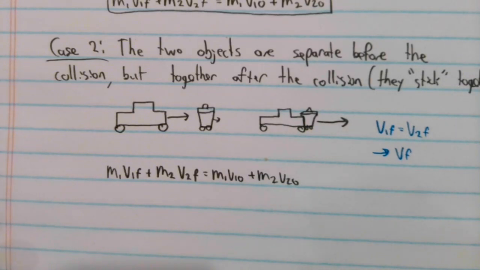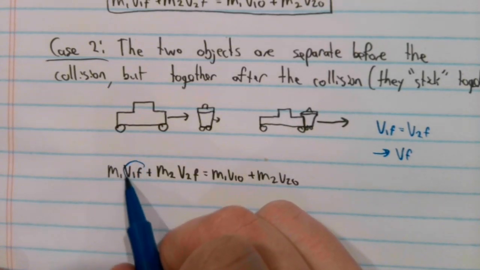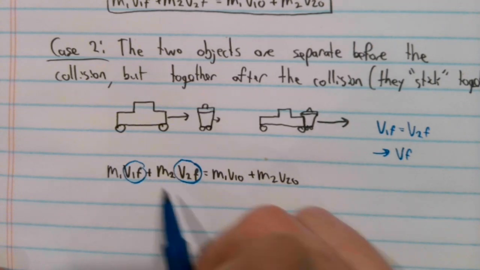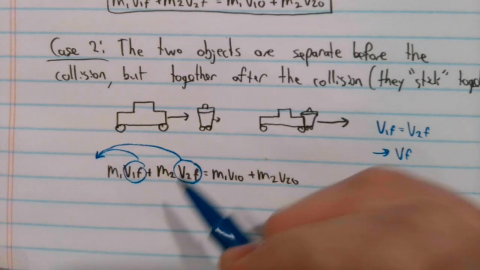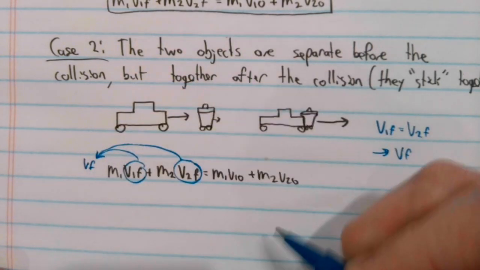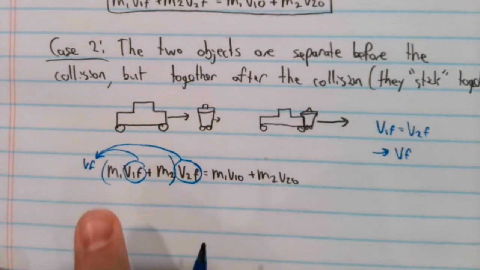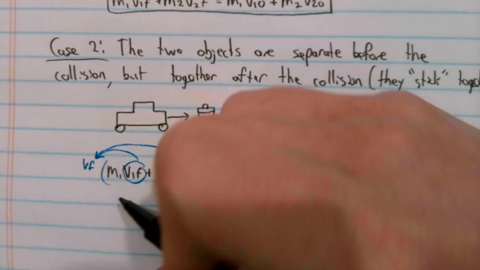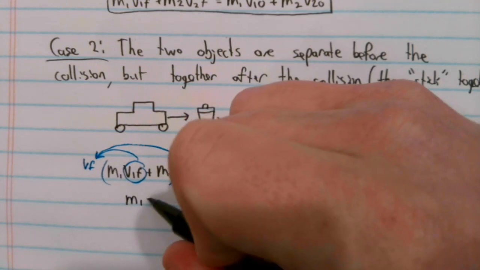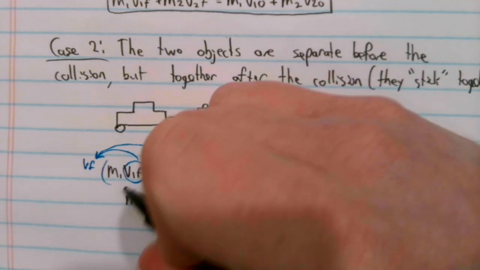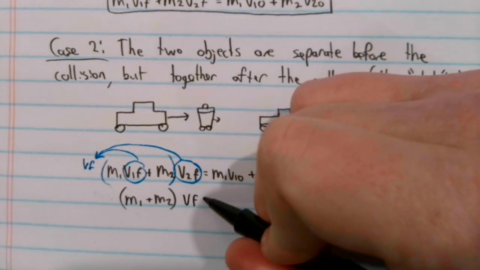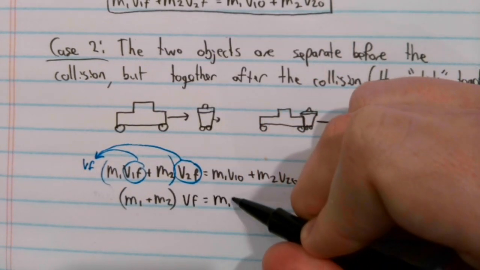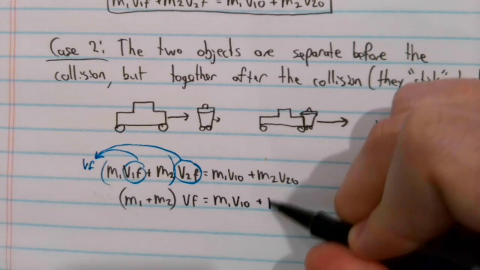Point is, these final velocities are the same, and so they can factor out. We'll just call them v final, and we're left with m1 plus m2 in parentheses. I prefer to write the velocity on the left, so m1 plus m2 in parentheses, being multiplied by vf, and the right-hand side remains unchanged.